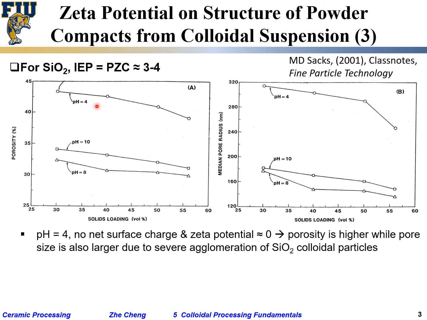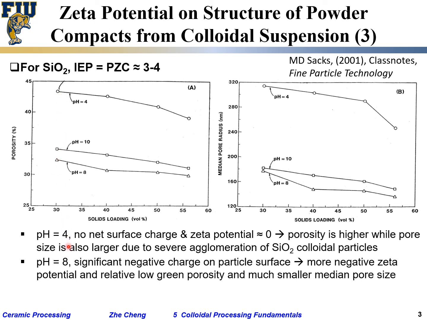It tends to agglomerate, tends to come together. And I have relatively high porosity, because they come together quickly, drop. On the other hand, when my pH is 8, I increase, getting very far away from what?